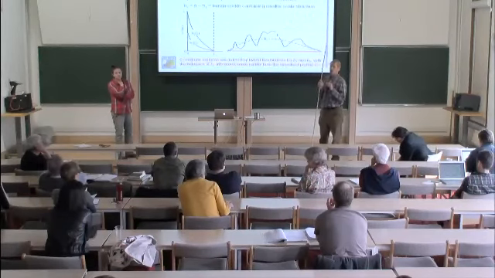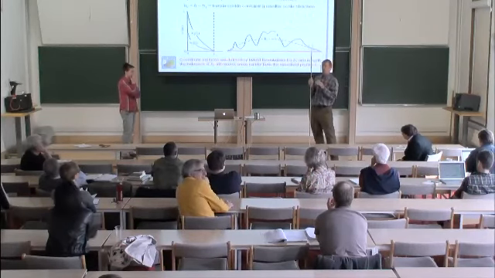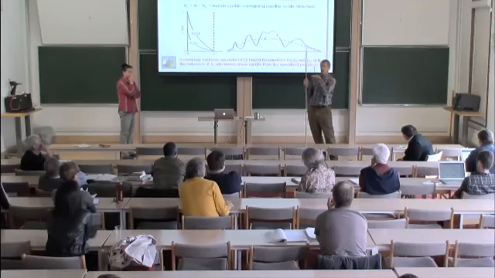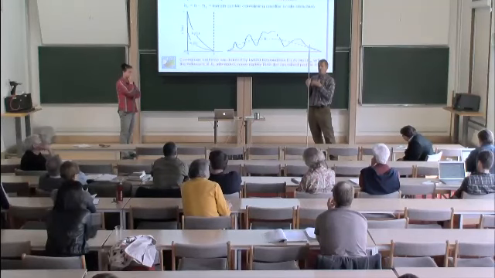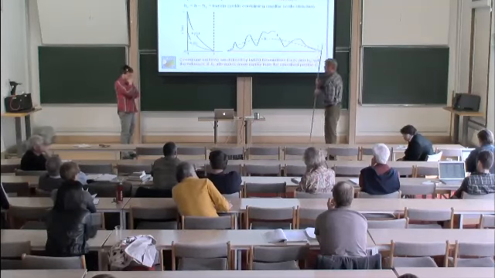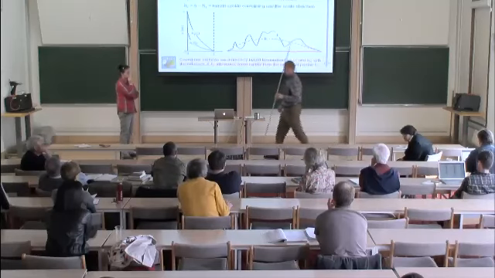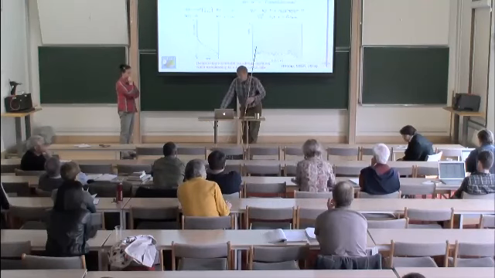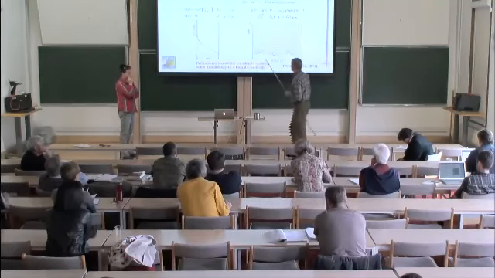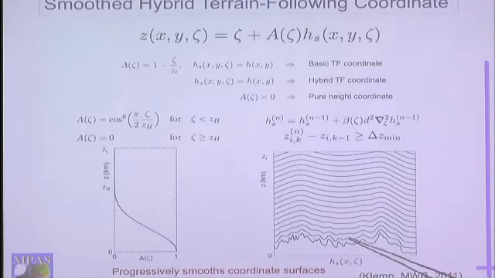But what that would do is essentially give you the same amount of smoothing throughout the domain. And what we really want to do is to progressively smooth what originally was the true terrain. We want to smooth that more and more as we go up.